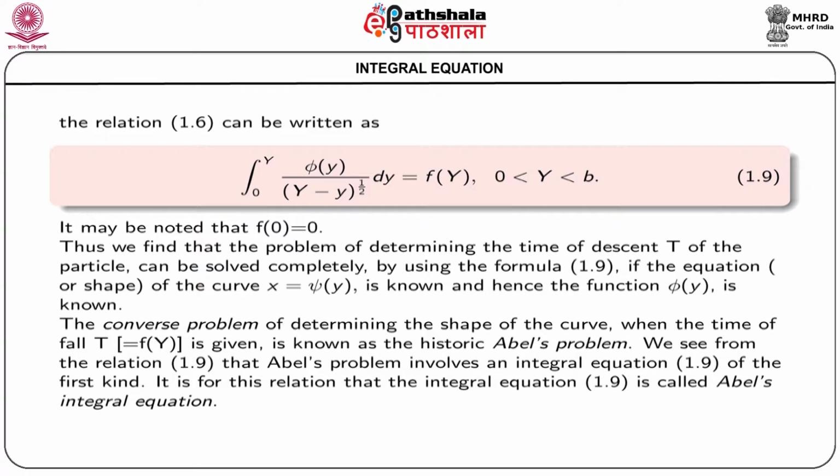That means from equation 1.9 we see that if f y, that is the time of fall, is specified, then we have to find the shape of the curve for which, if a particle starts descending from a fixed point capital X capital Y of the curve, it will reach the ground or 0, 0 point in time t.